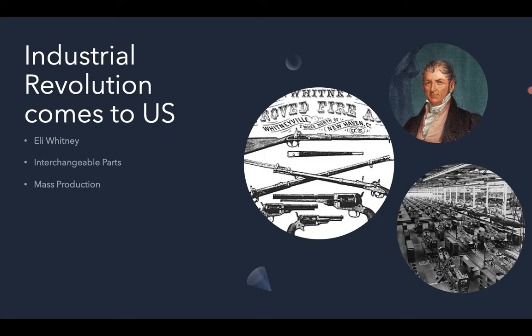This made mass production possible, which is simply producing things in large quantity. The changes brought about by people like Eli Whitney and Samuel Slater, and many others, brought about what's called the Industrial Revolution.